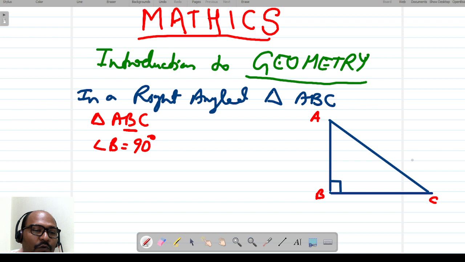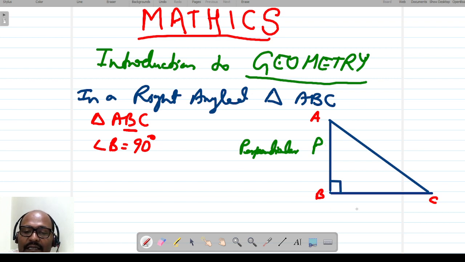So, I hope you have understood hypotenuse, perpendicular and base. Okay. If not, let me show you. In a right angle triangle ABC, which I marked over here, A to B, AB is called P. P for perpendicular. That means AB is perpendicular to BC. BC is the base. Base means the platform, right?